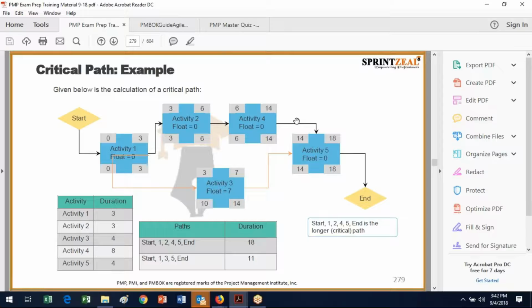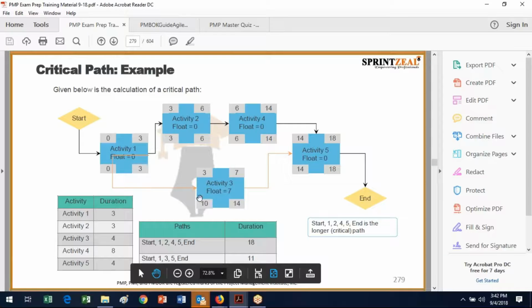This is activity 4, and down here is activity 3. Before we go to activity 5, because activity 5 needs both activity 3 and activity 4, activity 1 ends on 3. So the 3 goes over here. It has a duration of 4, so 3 plus 4 is 7, and then it feeds into activity 5.